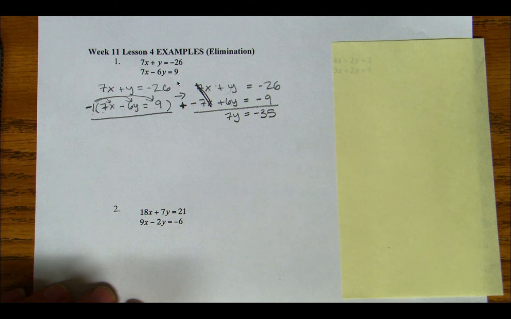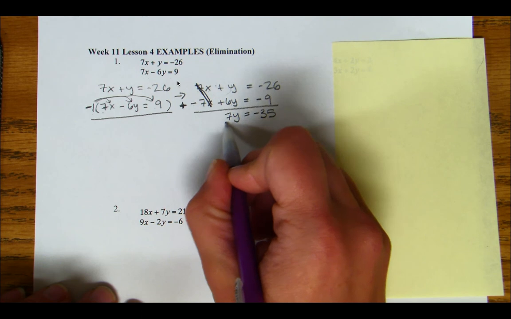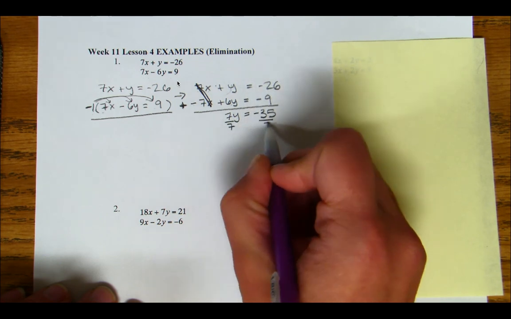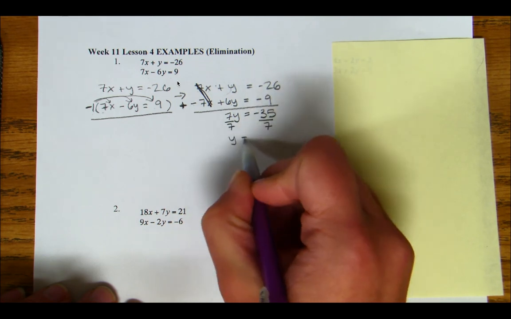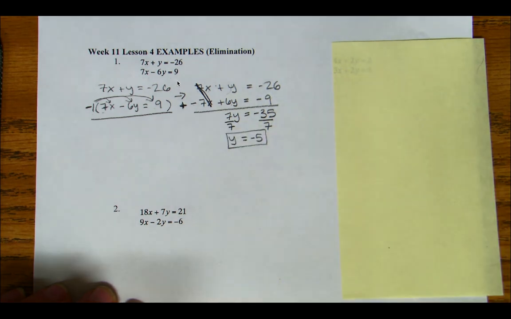Well, now I only have one variable to solve for, which makes it so much easier. That's our goal, right? To find one variable. I want to get rid of the other variable because it's too much going on, and I want to be able to find the point of intersection. So from here, now I can just isolate y by dividing by 7 on both sides, and we get y is equal to -5. So we're partway there.